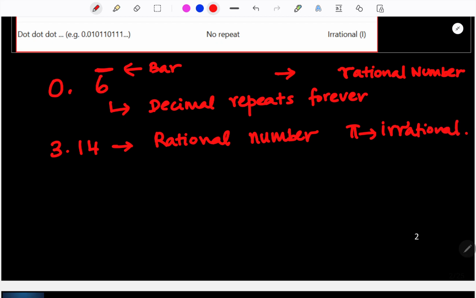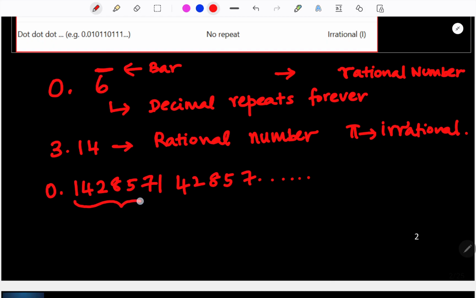Okay teacher. There are some numbers like this. For example, 0.1428571 and then they put a dot. What is the meaning of this? Let's see. Look here: 0.142857. Can you see that?